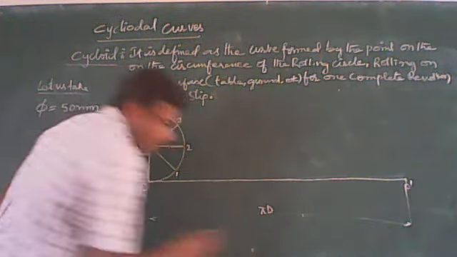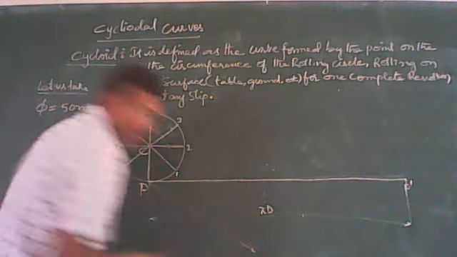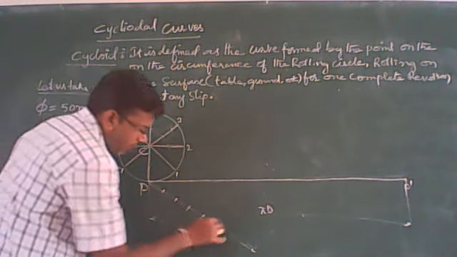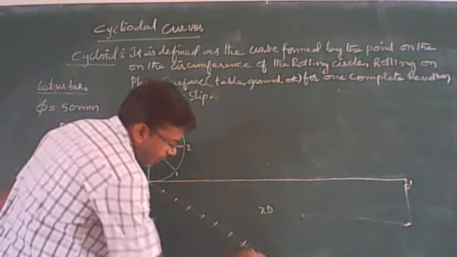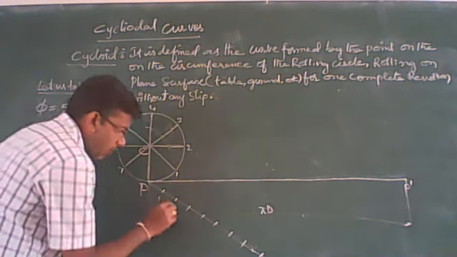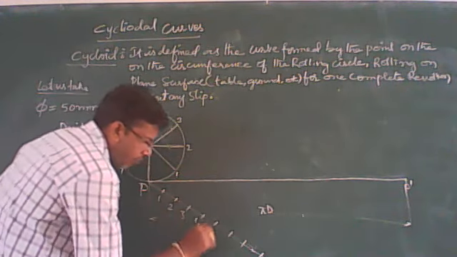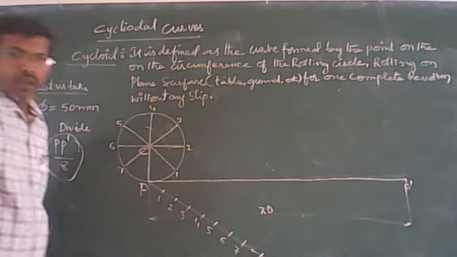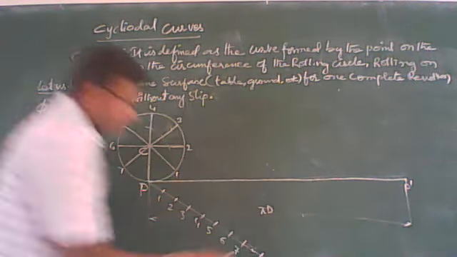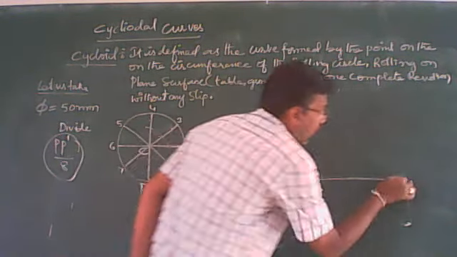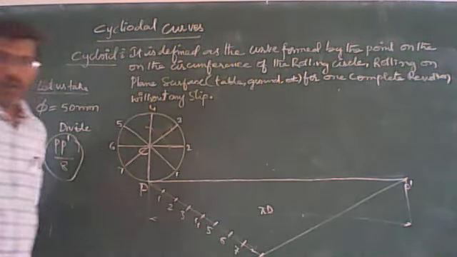So just draw an inclined line, and mark 1, 2, 3, 4, 5, 6, 7 and 8. Give the numbering 1, 2, 3, 4, 5, 6, 7 and 8. After giving 8, simply join this last point to the end point P dash.